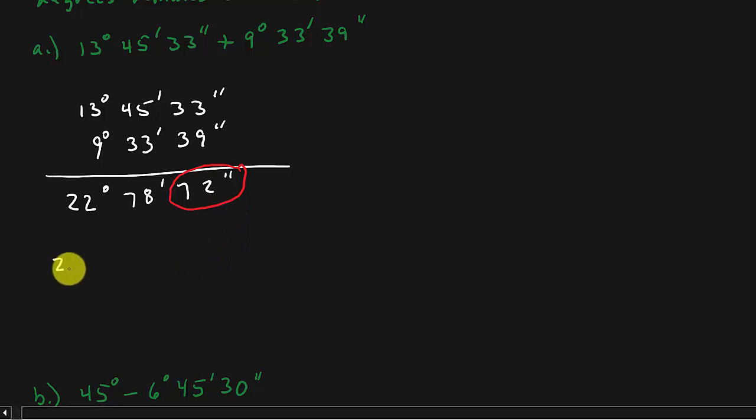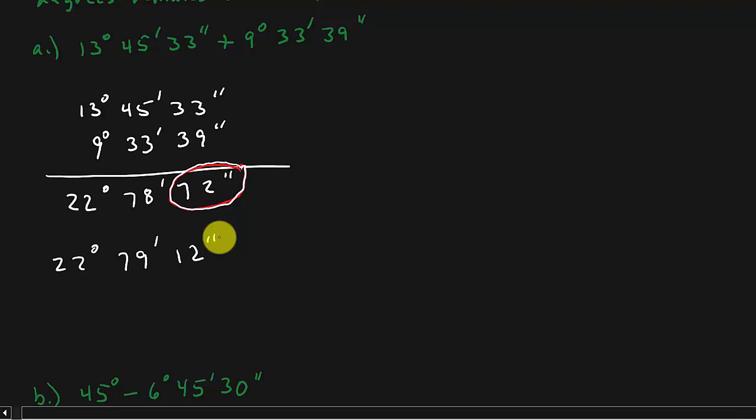So that's going to give me 79 minutes. So I took a minute out of this and added it to the 78 minutes. If I take a minute out of this, I'm left with 12 seconds.